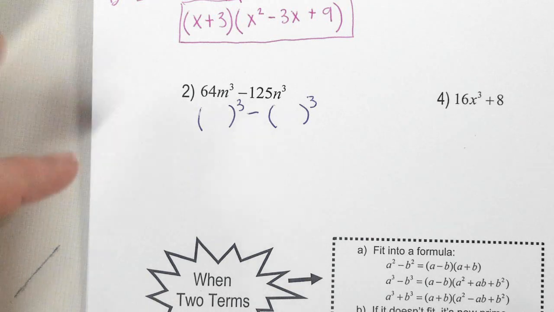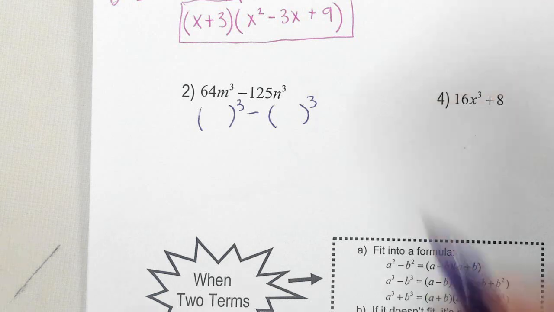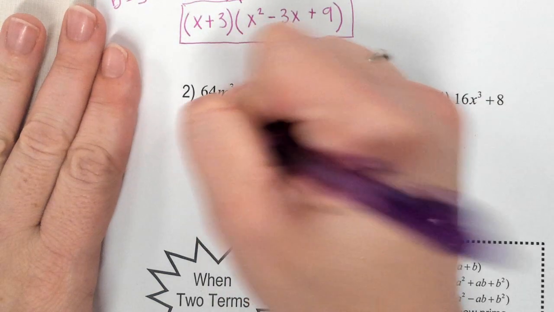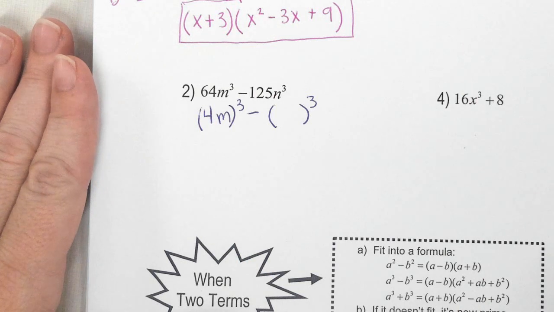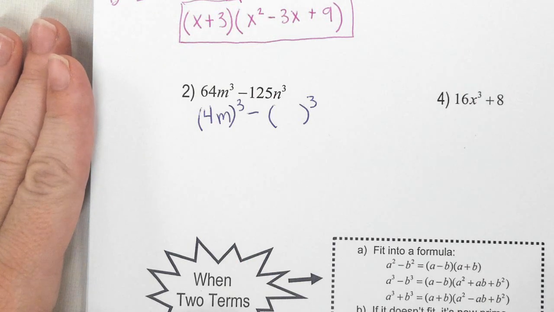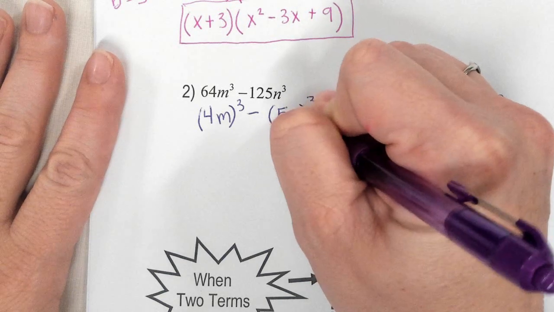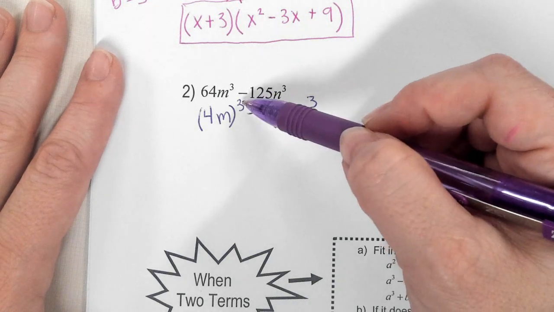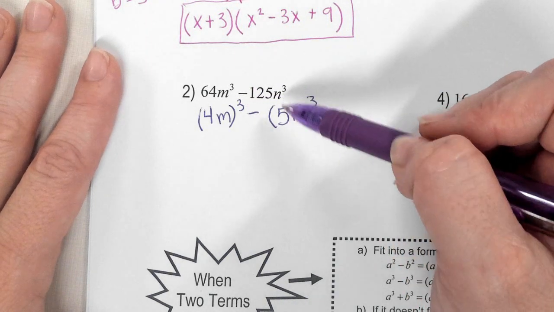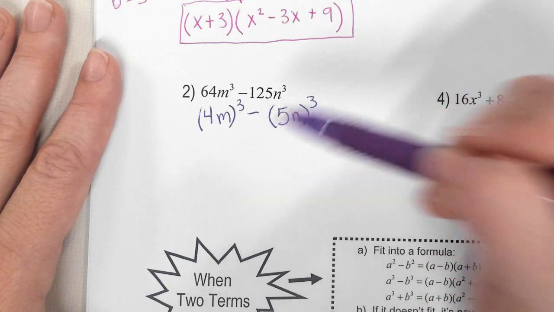What cubed gives me 64? And then m cubed is m cubed. Okay, what cubed gives me 125? And then n cubed is n cubed. Now, I know it has a minus in the middle, and a lot of time I tell you that means negative, but we're just going to ignore that because all that plus and minus in the middle is telling us to do is which formula.